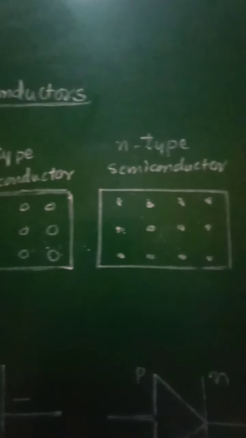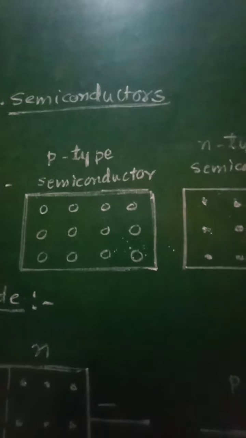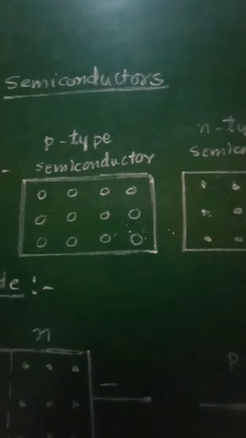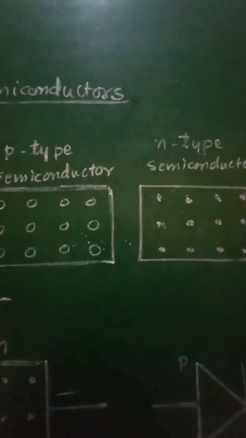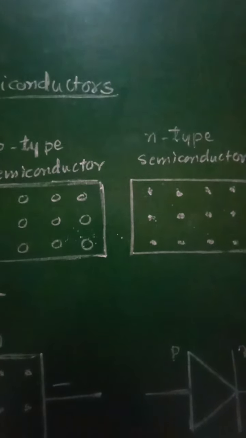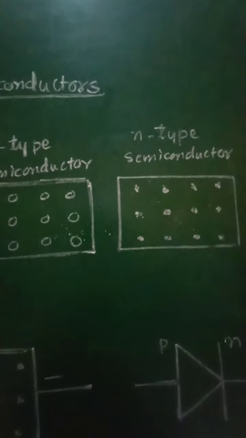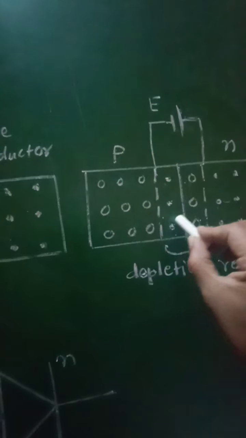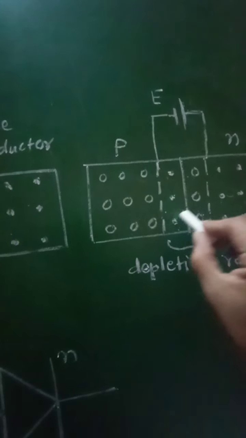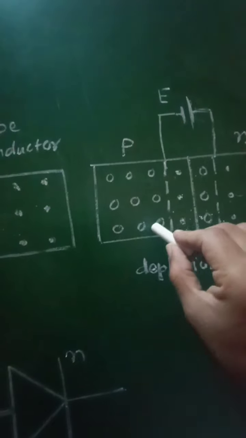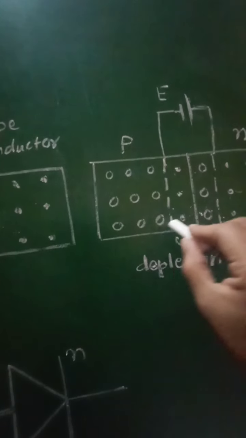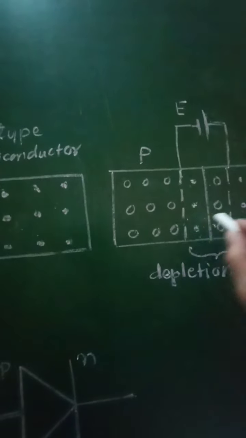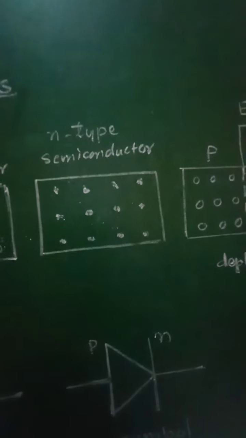The diffusion across the junction depends upon the density of donor and acceptor ions on both the p and n sides. So how many charge carriers will get diffused will depend upon the number of donor and acceptor ions on both sides, that is the p and n sides.